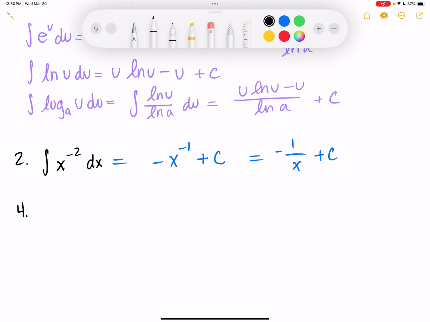Let's see, 4. Wait. Sure, let's do 4. The integral of dt over t squared plus 1. What would the antiderivative of that be? Or what does it look like?